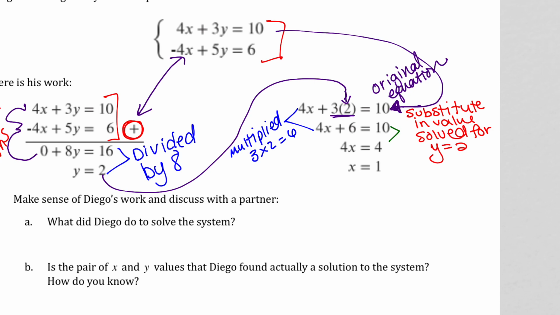How did he get from 4x plus 6 equals 10 to 4x equals 4? Minus the 6, or subtract 6. And I know that looks kind of funky.